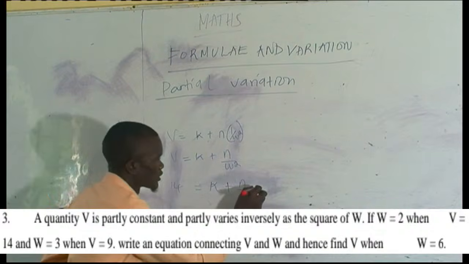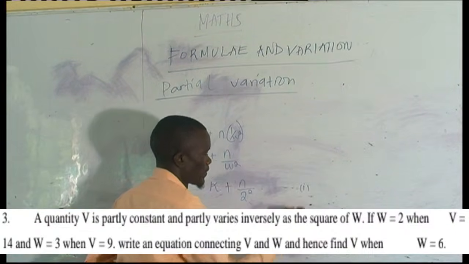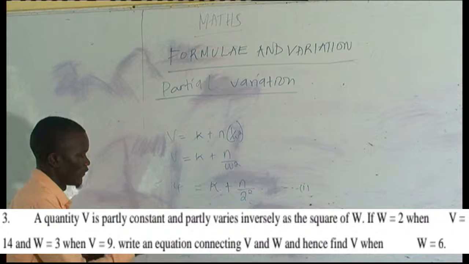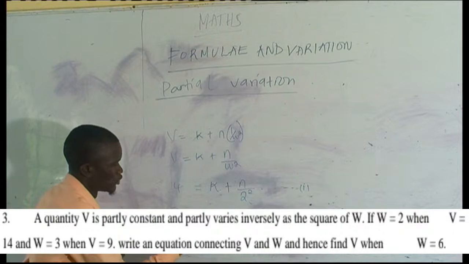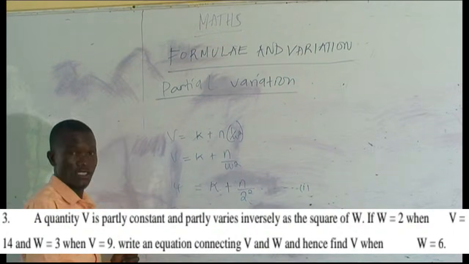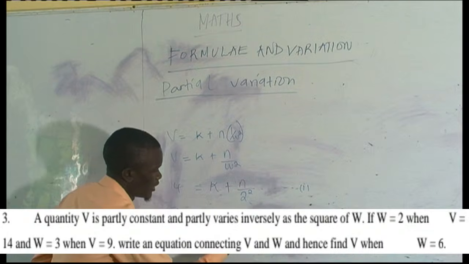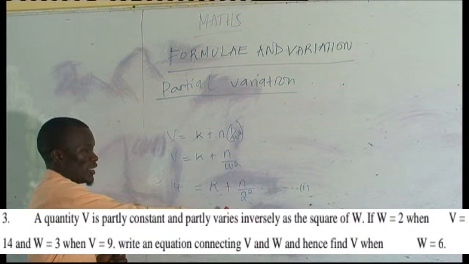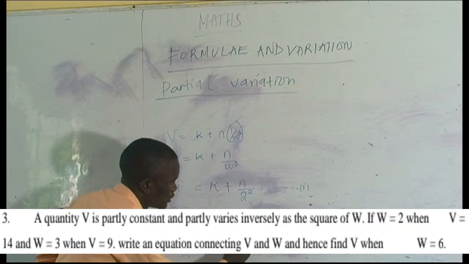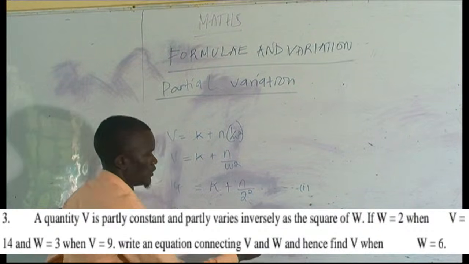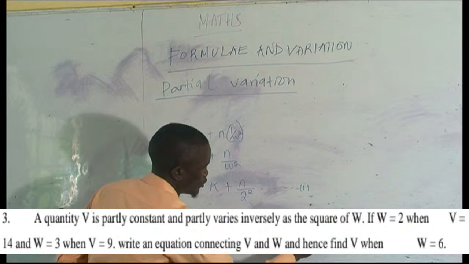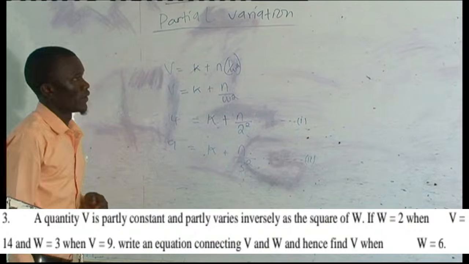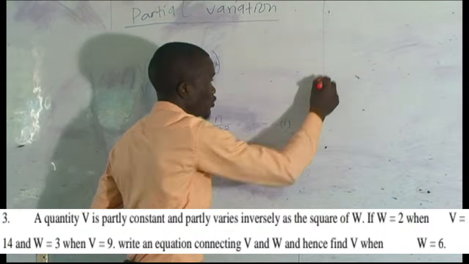Then this one will give us our first equation. Then the second equation we have 9 is equal to K, K is constant, plus N over W, now in this case is 3, over 3 squared. This one will give us our equation 2.